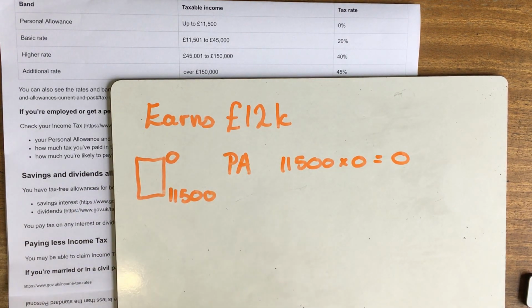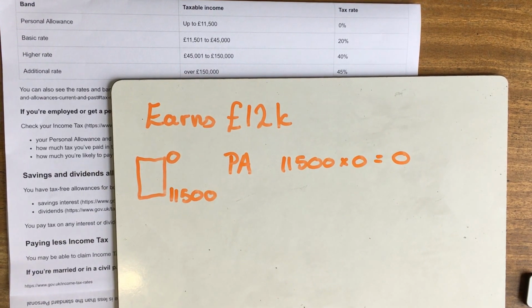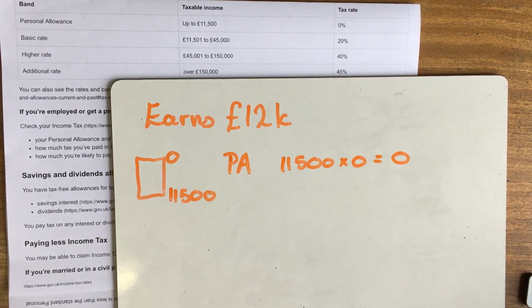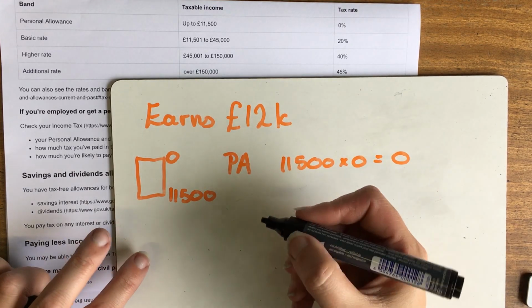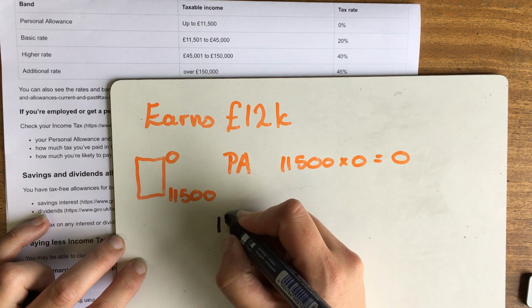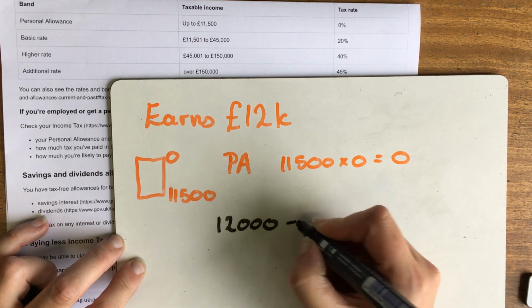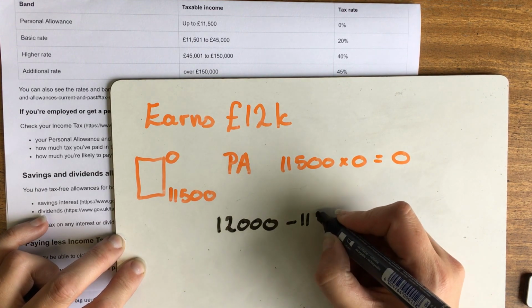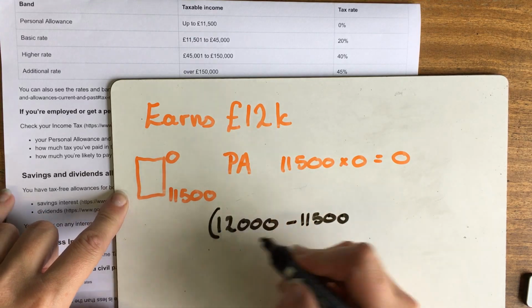You then have the next section, and that section is at your basic rate. To work out how much you're paying there, you've got 12,000 take away 11,500 because we've already accounted for that bit.